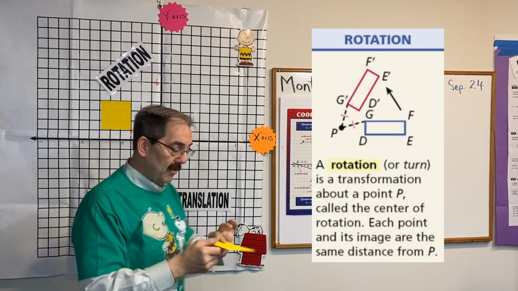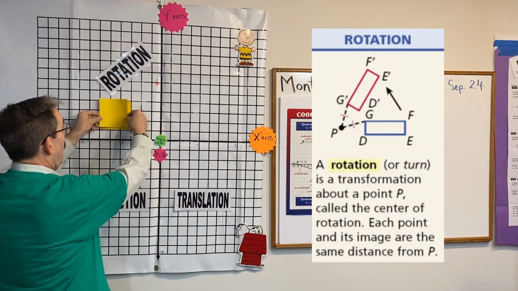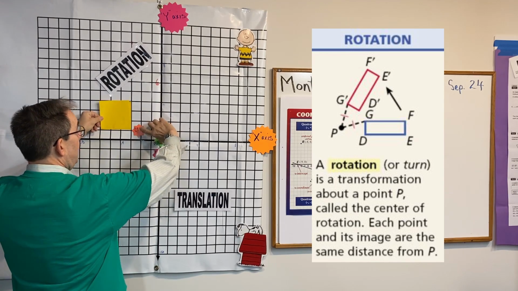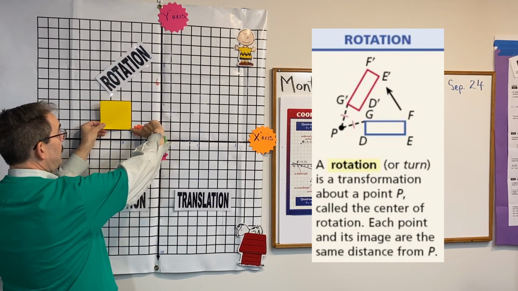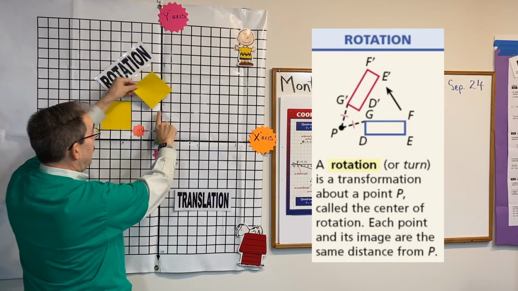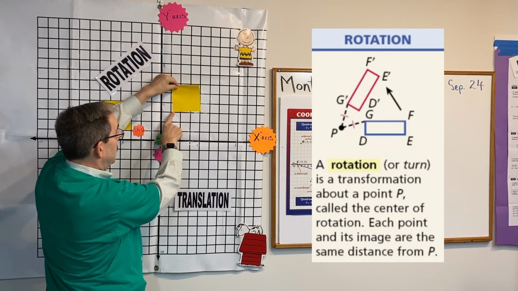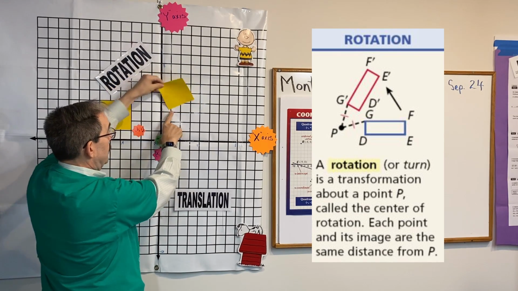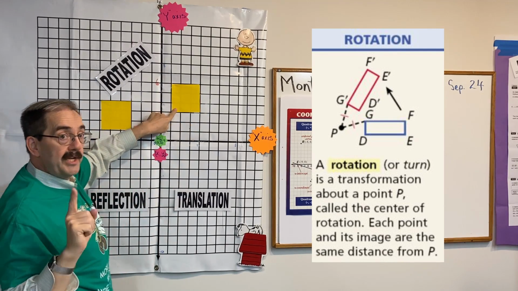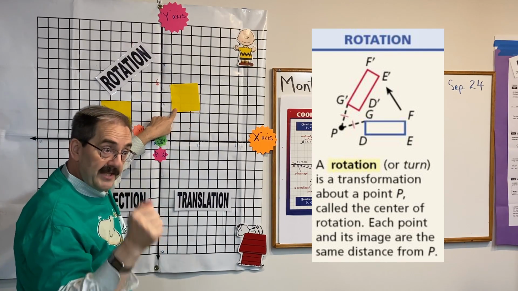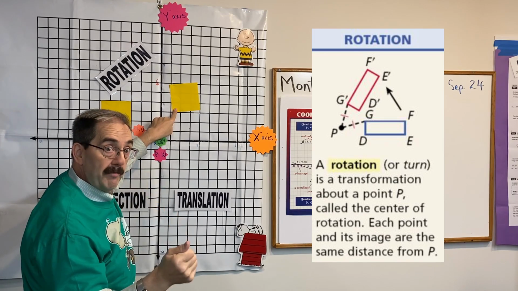All right? So let's recap. A rotation. If I was to create a segment and I took this square and I rotated it about the origin, what could I do to verify that I protected the integrity of the shape?